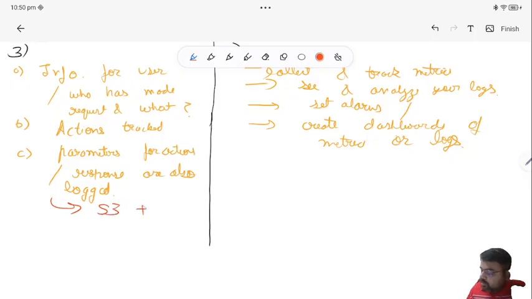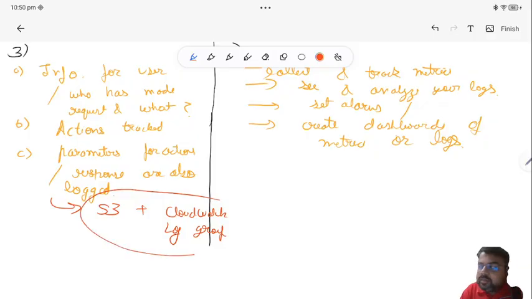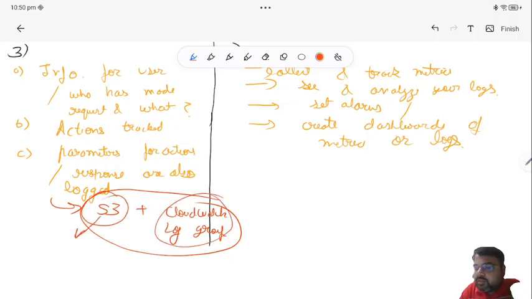Storage is provided by S3 or CloudWatch log groups to store the logs. We can enable the setting to use the S3 bucket or the CloudWatch log group. It is not only the S3 bucket; we can use the CloudWatch log group too.